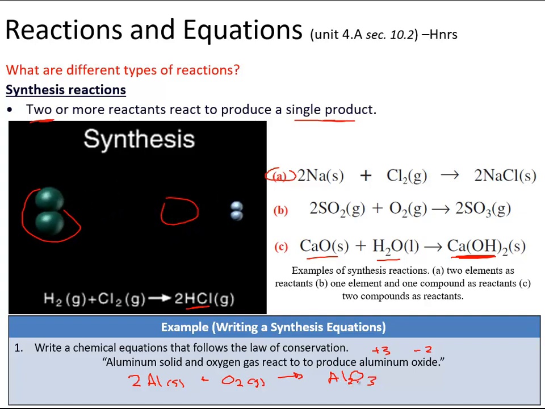But the problem is we can't get that 3 to balance out with an even oxygen atom. So let's make this a 2, make that a 4 now. And now we can go ahead and make this oxygen a 6 by adding a 3. So here we go, 2 reactants combine together to form 1.